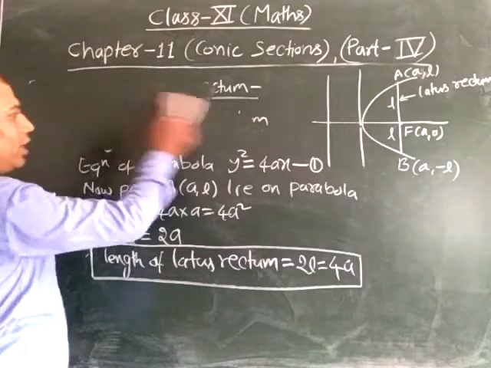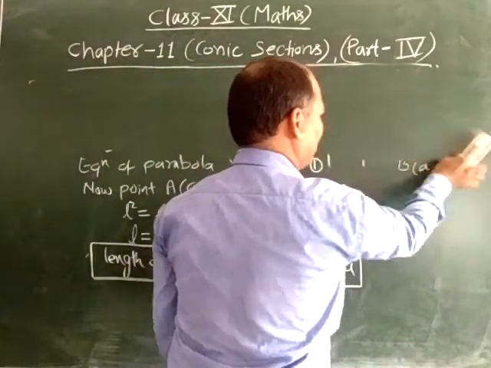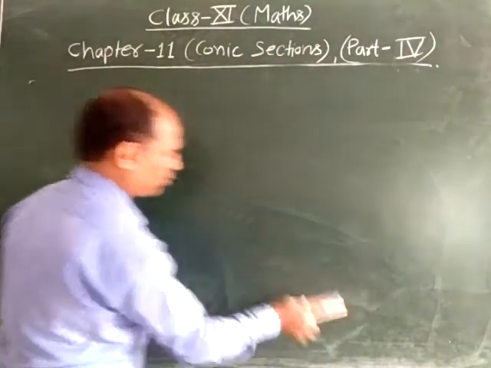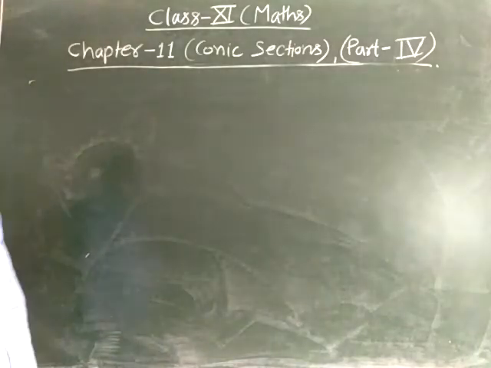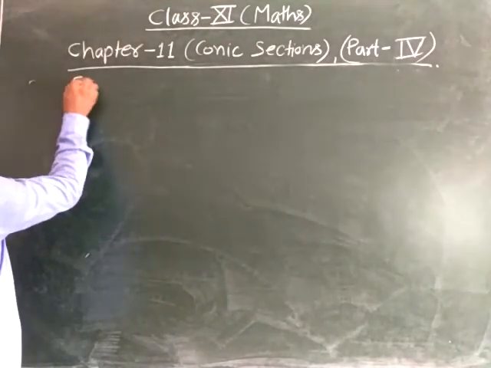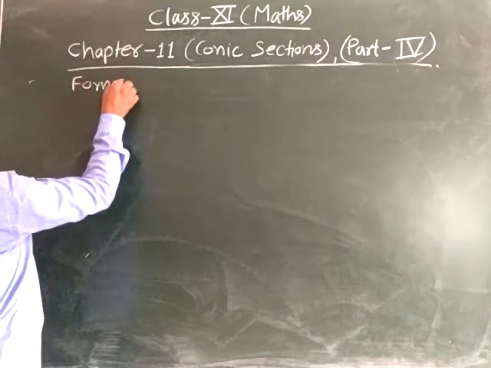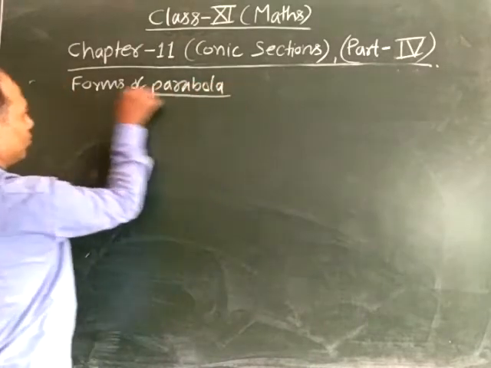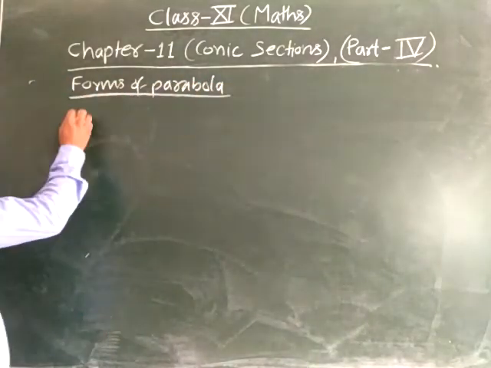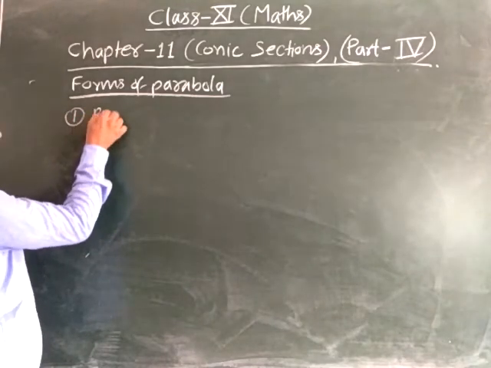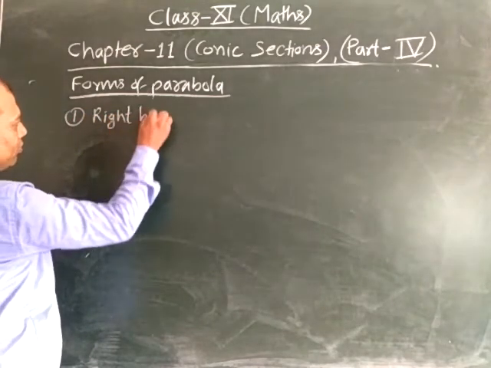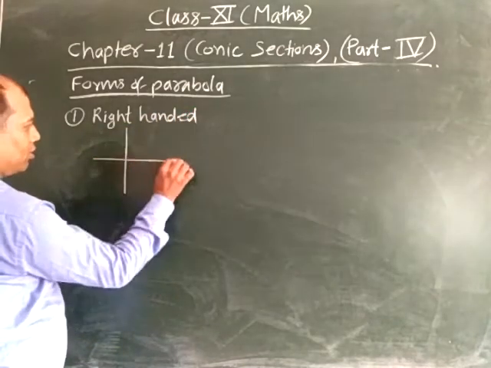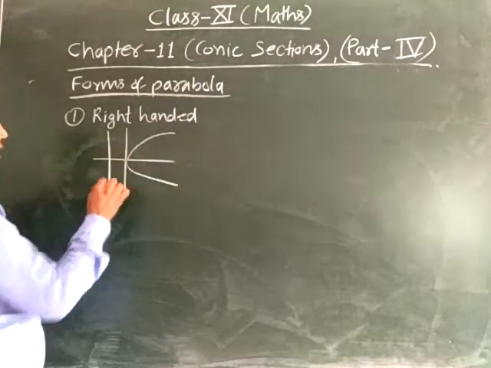Now let us summarize. Let us know the three other forms of the parabola. There are total 4 forms of the parabola, of which we have discussed one form. There are 3 more forms of parabola. One is the right-handed parabola. In this, the parabola opens to the right side.